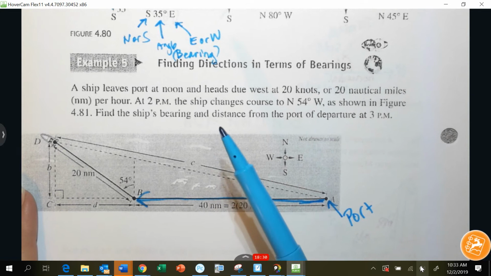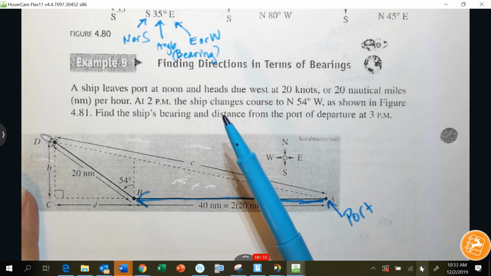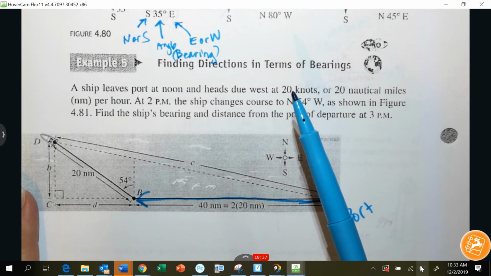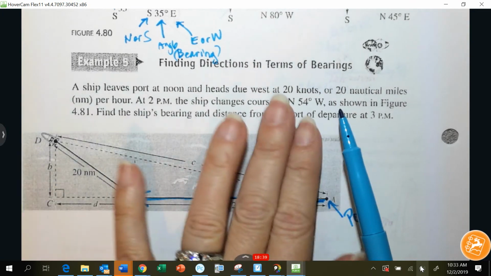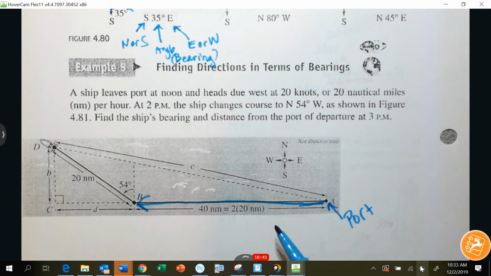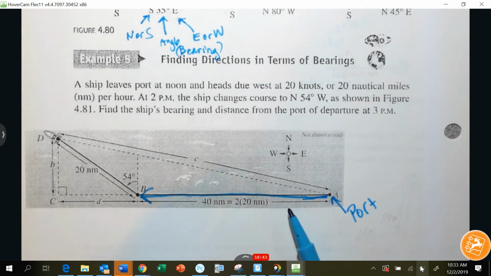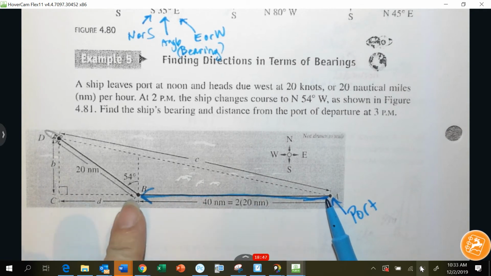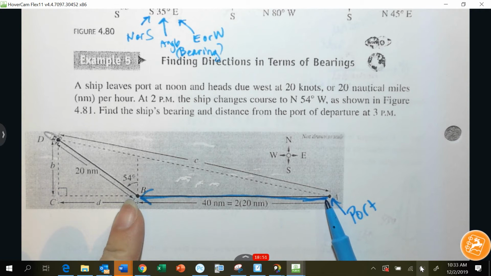And then at 2 p.m., the ship changes its course. And before I get to this part, I want you to look and see what's going on here. If we start at port and we get to this point at 2 p.m., how long did the ship travel for?